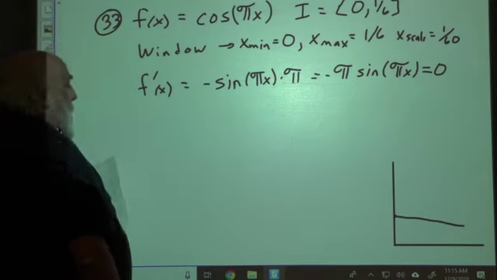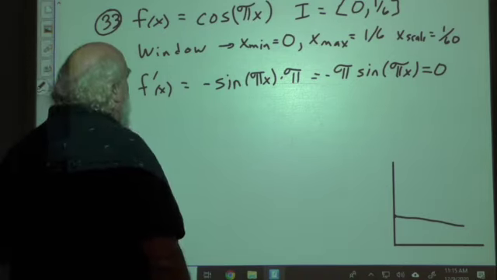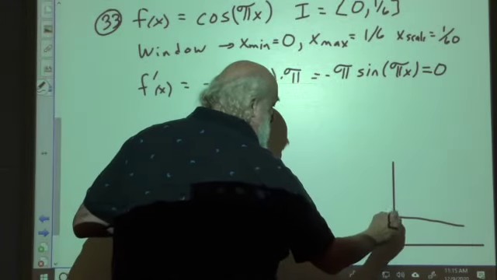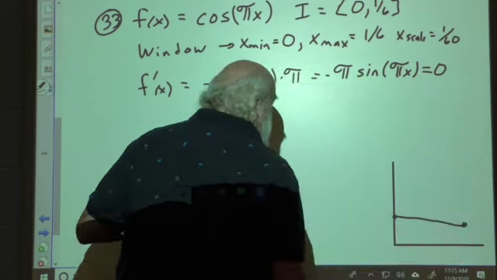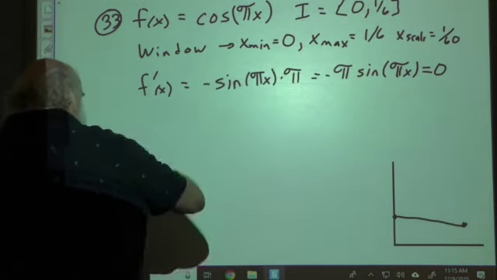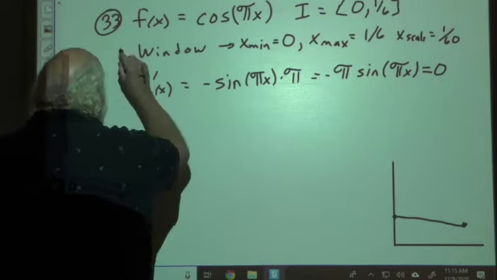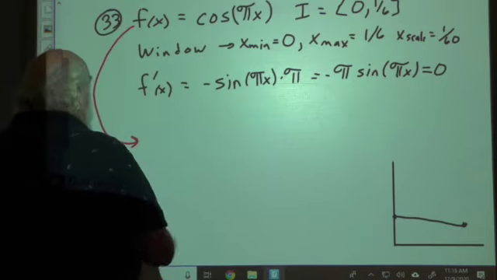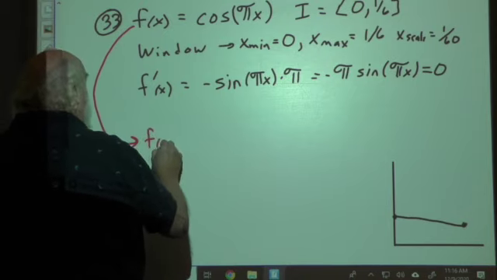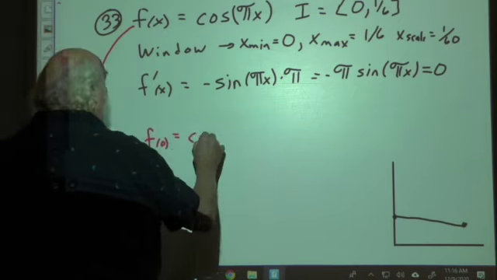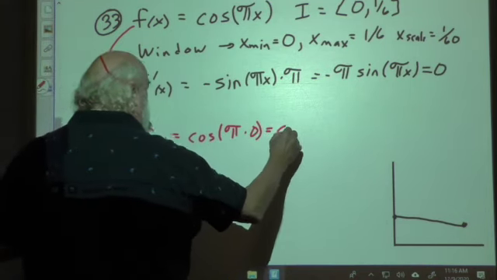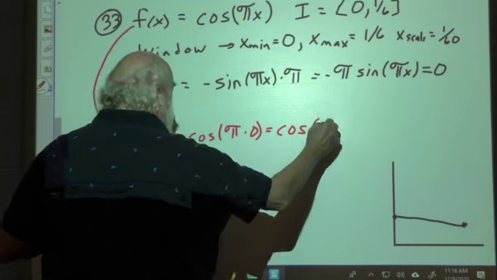When I go ahead and do this, trying to find the two extrema, right here and right here, I start with 0. So f of 0 equals cosine of pi times 0, which is the cosine of 0.